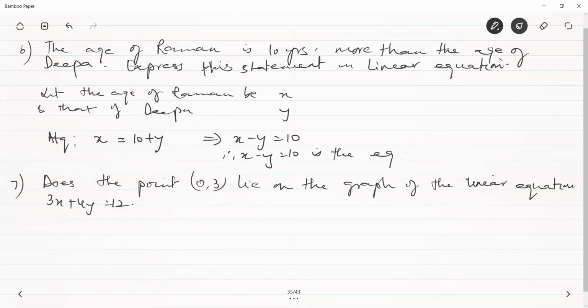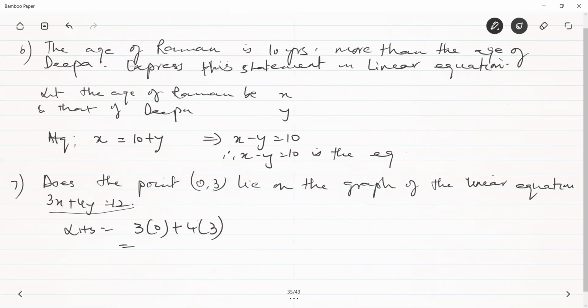Okay, does the point 0, 3 lie on the graph of the linear equation, it is asking. So how do you find this out? Now 0, 3, does it lie on this equation? This coordinate 0, 3 should satisfy the equation if it lies on this graph. So what you can do is substitute x and y in LHS. 0 plus 4 into 3.